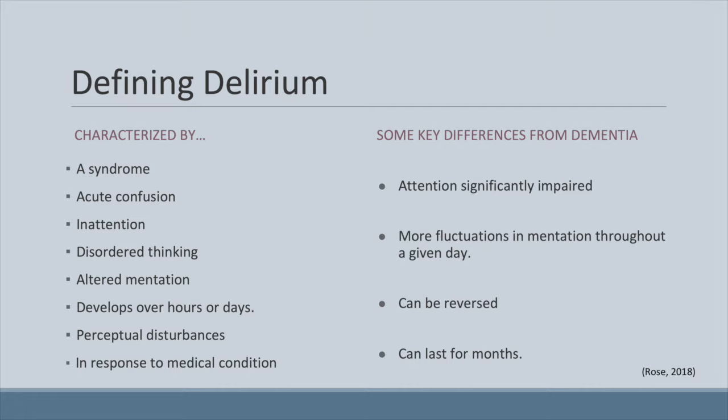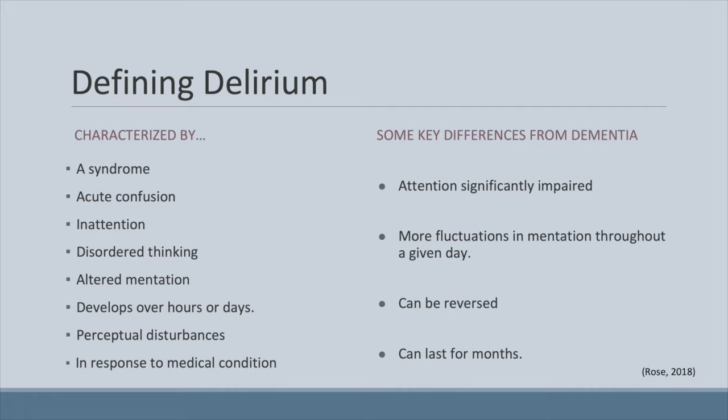But delirium patients, their attention is significantly impaired. And with dementia, usually these patients stay alert all the way up until the later stages of dementia. For delirium, you have more fluctuations in mentation throughout a given day, whereas in dementia, memory and thinking stays fairly constant during a regular day for them.